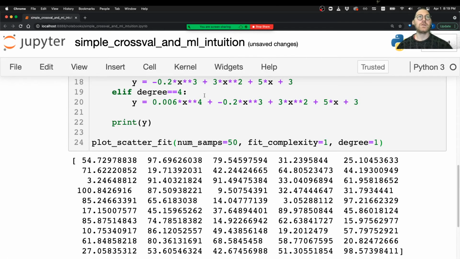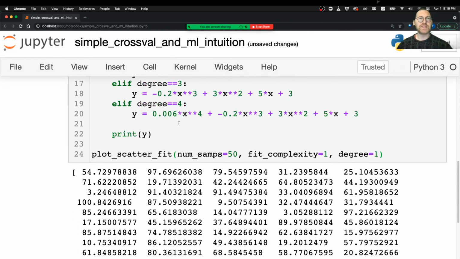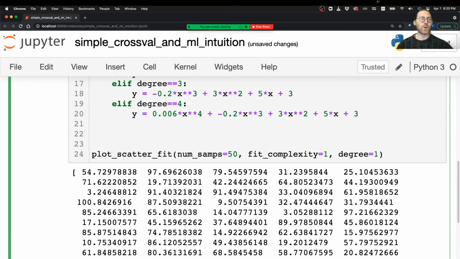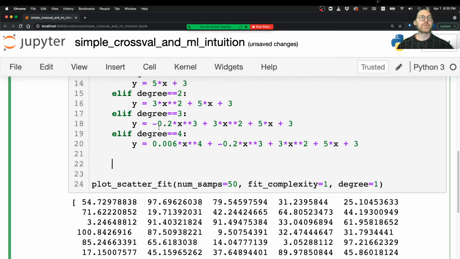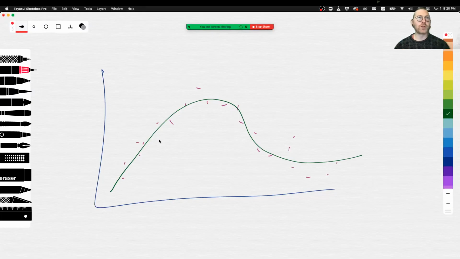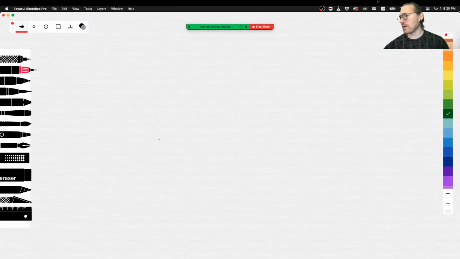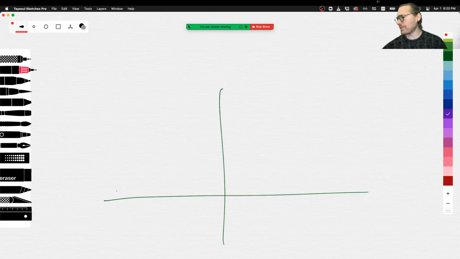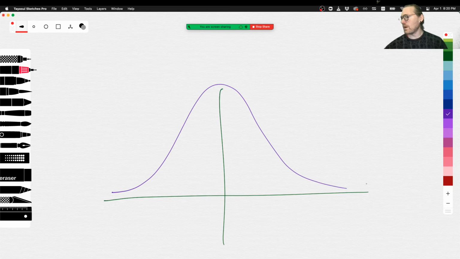Okay. So the next thing I'm going to do is insert some noise in here. We know a little bit about the normal distribution, where we have this shape.